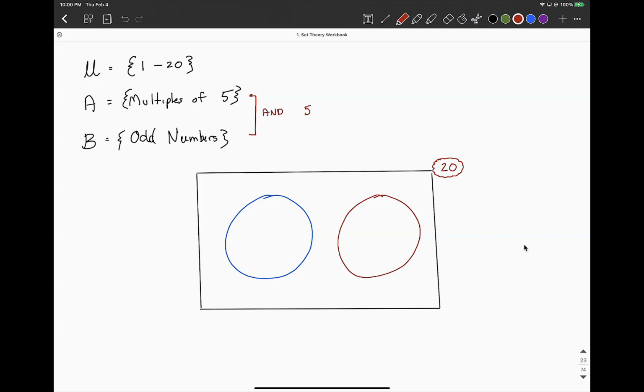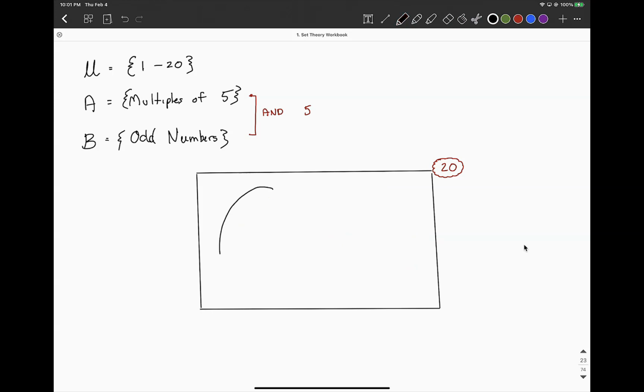First of all, 5. 5 is a multiple of 5. 5 is odd. And then I would be in a real weird spot of, where am I supposed to write that? Am I supposed to write it in the first set? Am I supposed to write it in the other set? Am I supposed to write it in both sets? And I get myself in a not really nice scenario. So I eliminated that possibility. There has to be a smarter way to do this.